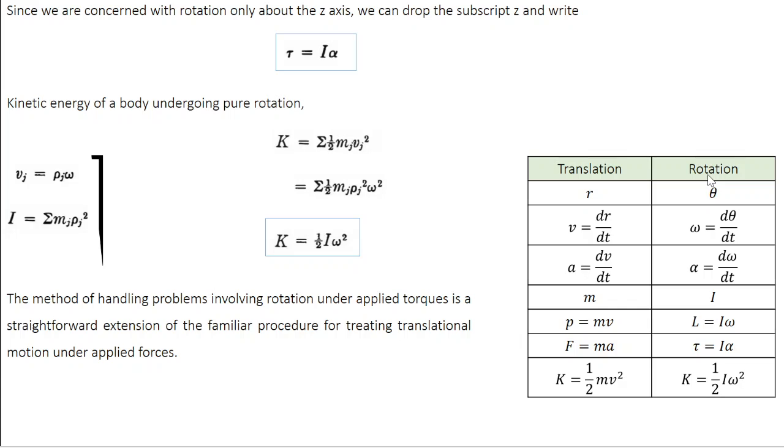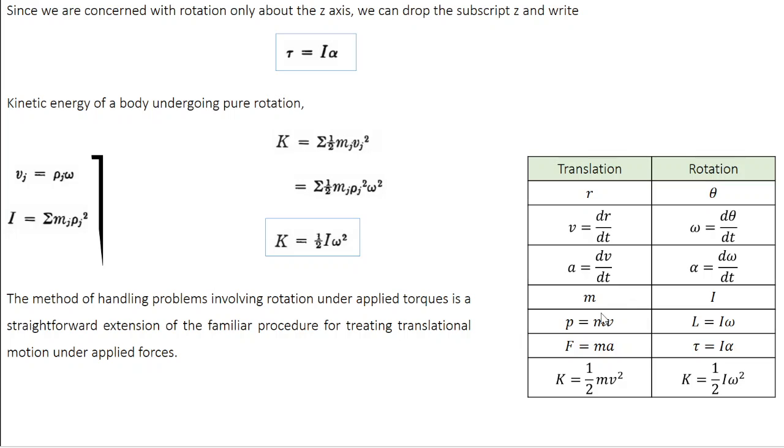In pure rotation, the fundamental parameter is the angular displacement theta. Now dr by dt, rate of change of position, gives you linear velocity v. Same way d theta by dt gives you angular velocity omega. dv by dt gives you linear acceleration a. d omega by dt gives you angular acceleration alpha.